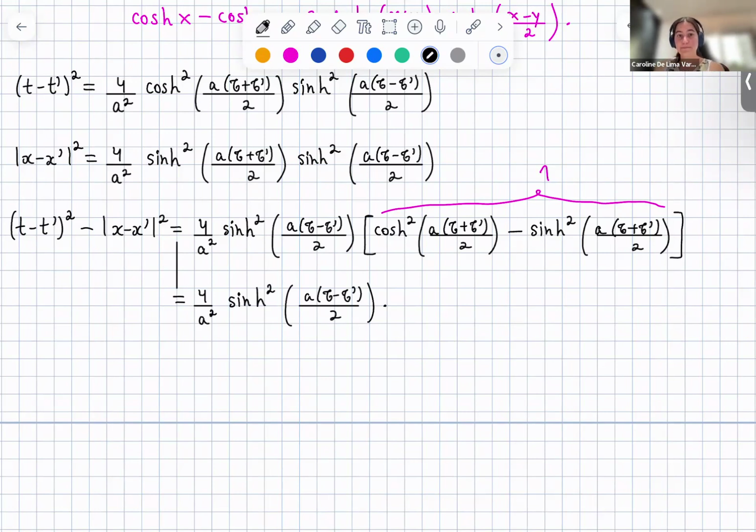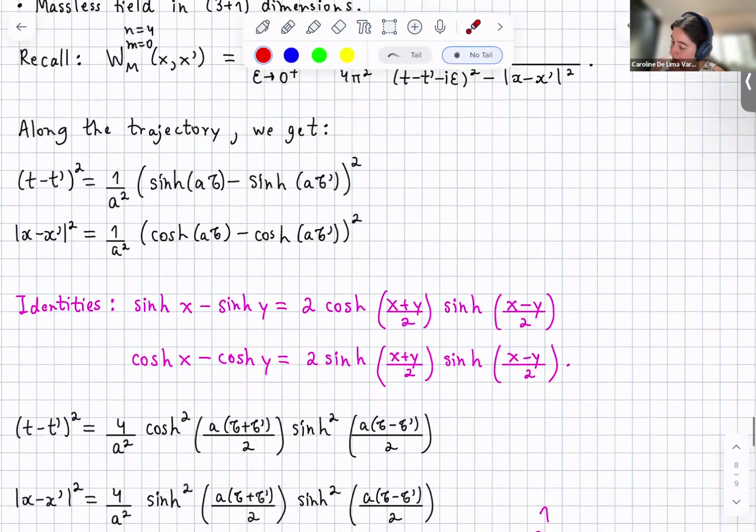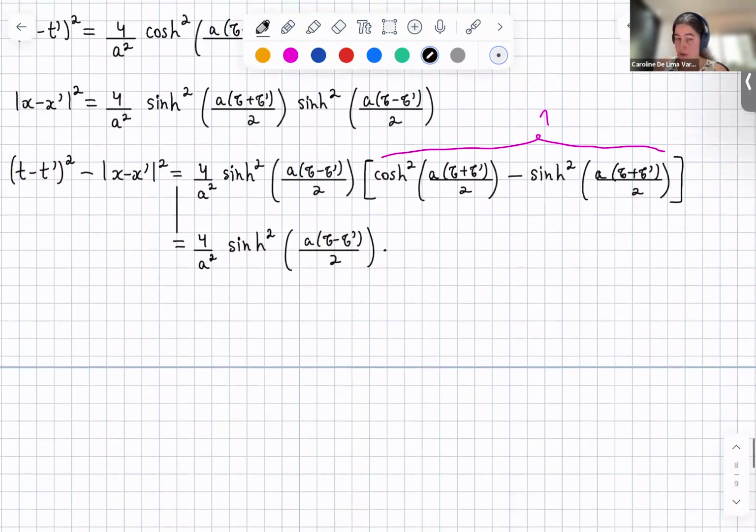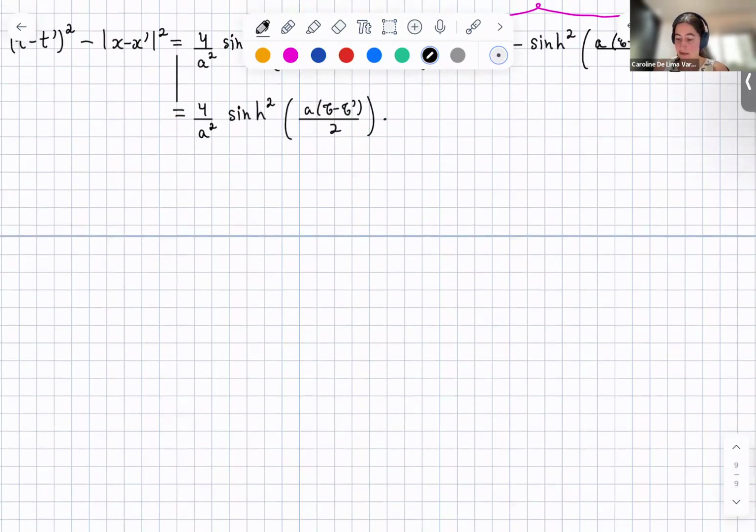Now I think it makes sense to discuss one little thing. We saw this part here, but if you remember, what I had in the denominator also had this minus i epsilon. So let me make this remark.